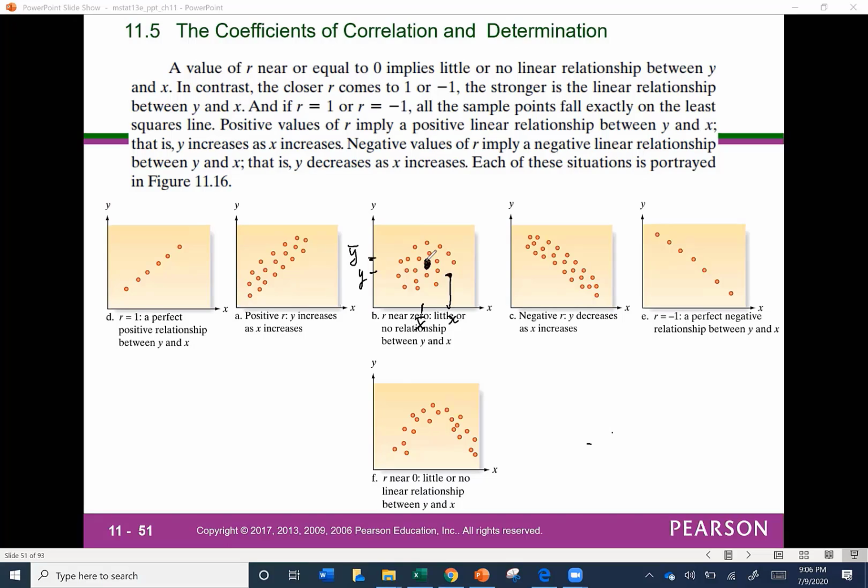Then we can locate in the middle of the cloud a member of the population or a point that has as the first component the mean of the first variable, and as the second component the mean of the second variable.